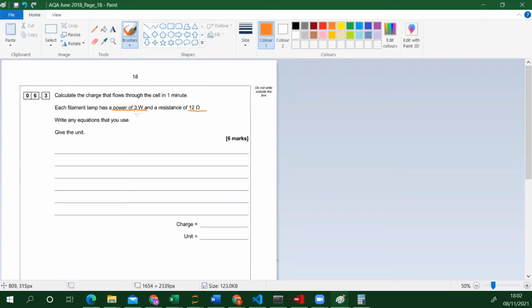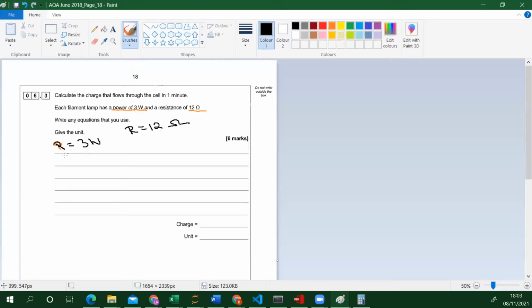Power. So we've got power and we've got resistance. Let's just write that down. I'm going to go back to writing in black, just underlining in different colours to make it stand out. P for power is 3 watts. Resistance R, 12 ohms.